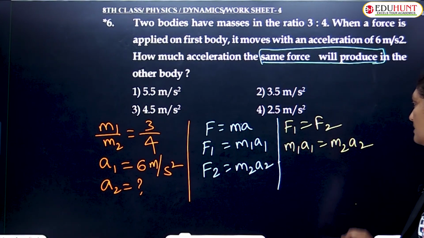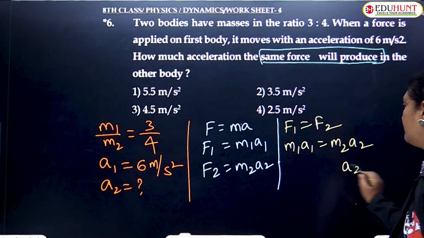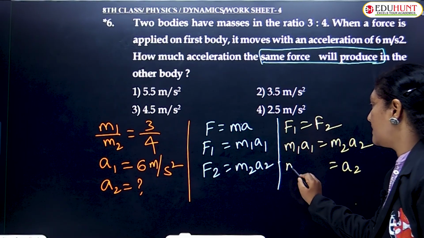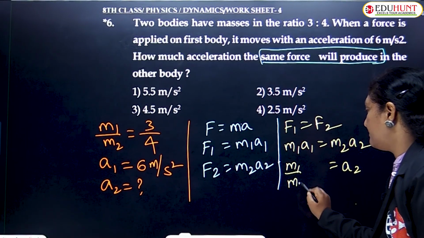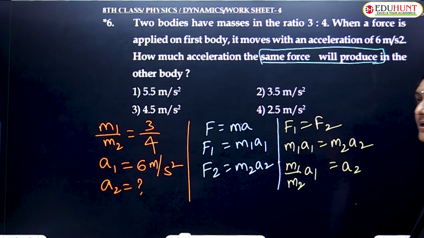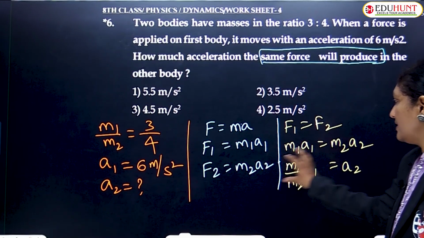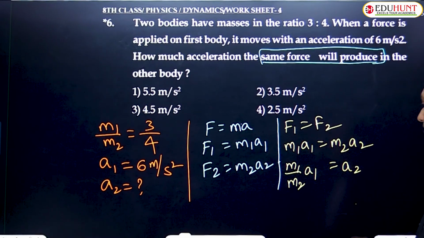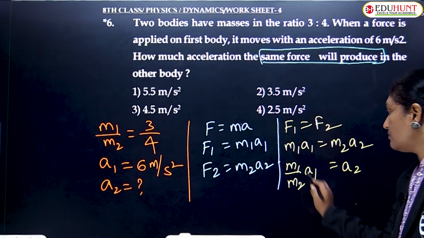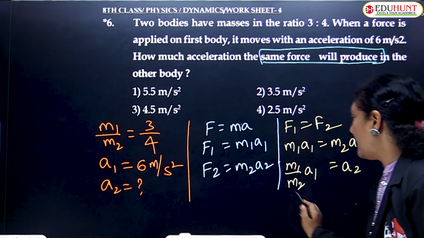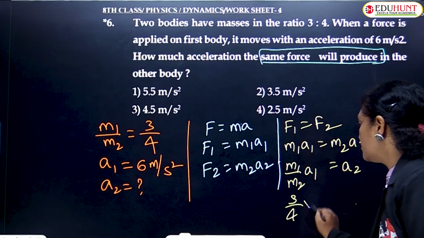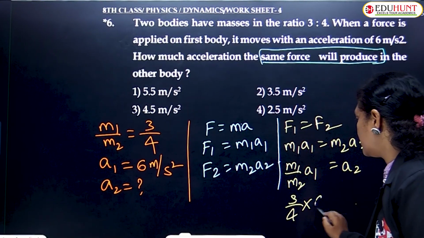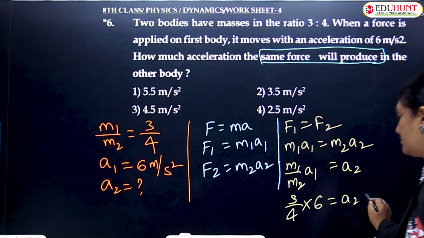So from this, the value of A2 can be written as, bringing M2 to the other side, M1 by M2 into A1. Hope you understood. M1 A1 equals M2 A2. M2 I brought it here, then M1 by M2 into A1 is the value of A2. So what is M1 by M2? 3 by 4 into A1, which is how much? 6 is the value of A2.